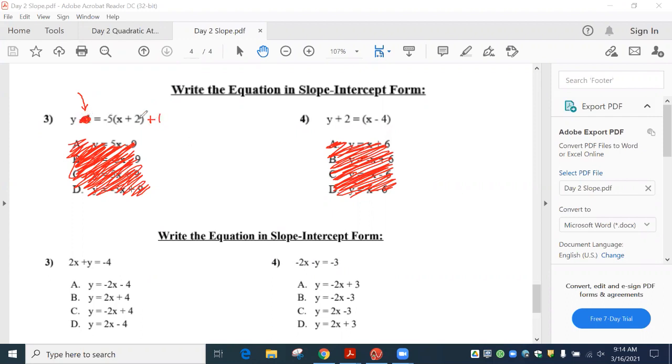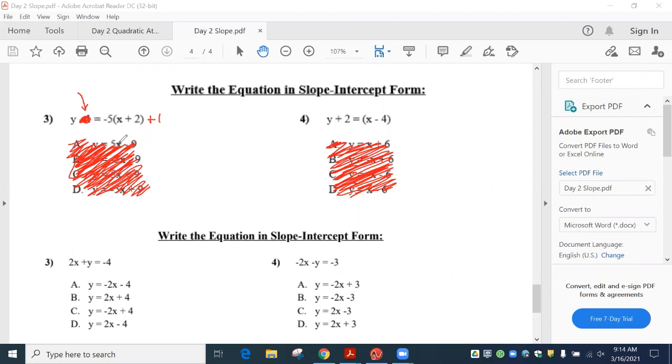Put a +1 right there and get rid of that -1. Now, the reason that we do this is because now we have y equals. Now, could you plug this in the calculator? Yeah. And so anytime that we see this right here, we just want to get this -1 to the back here, make it a +1 so we can plug it into the calculator.